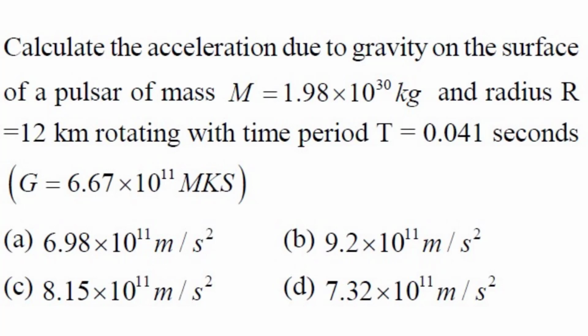Calculate the acceleration due to gravity on the surface of a pulsar of mass M equal to 1.98 into 10 power 30 kg and radius R equal to 12 kilometers, rotating with time period T equal to 0.041 seconds, where G is equal to 6.67 into 10 power minus 11 in MKS.